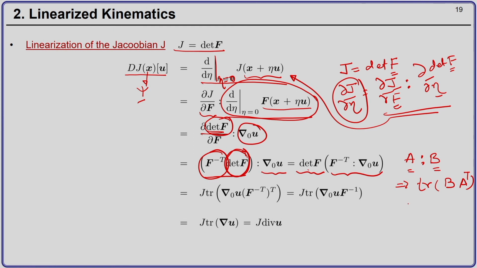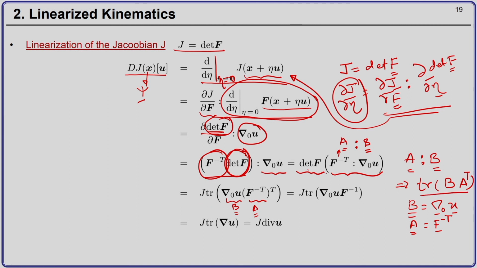Our B here is del 0 u, and our A here is F inverse transpose. So, this is our A double contraction with B.